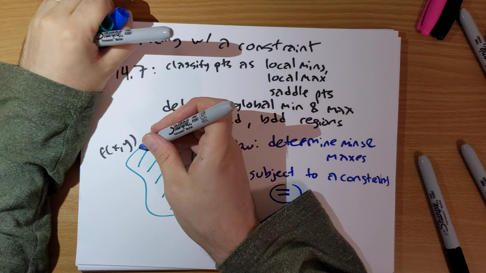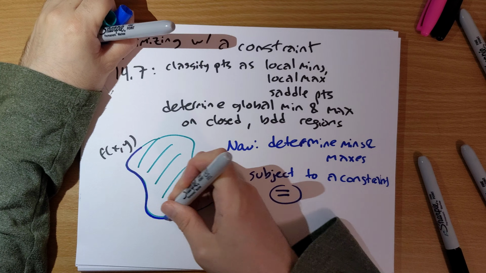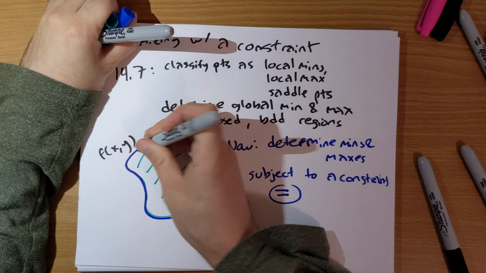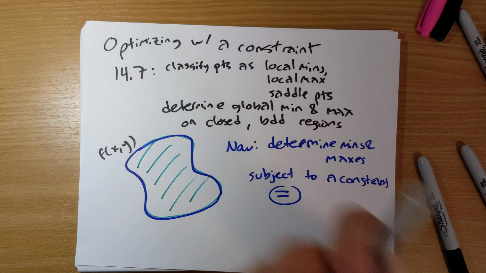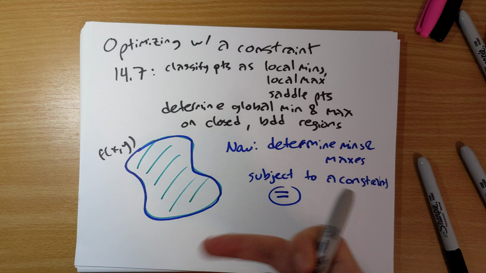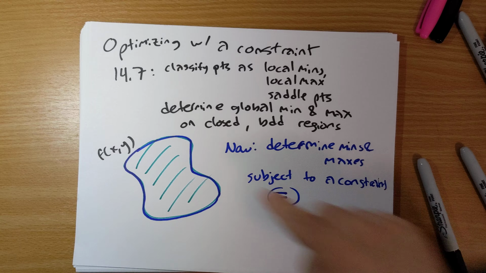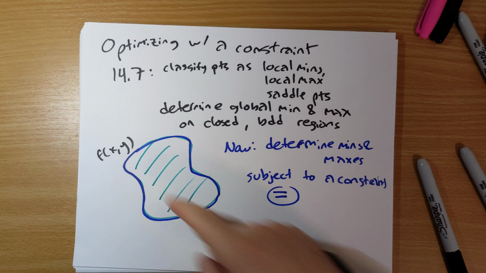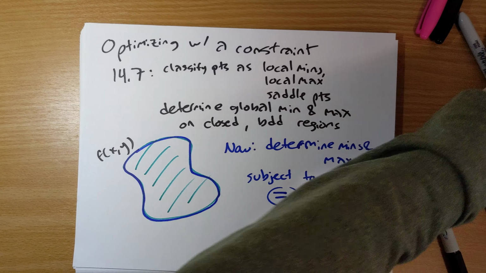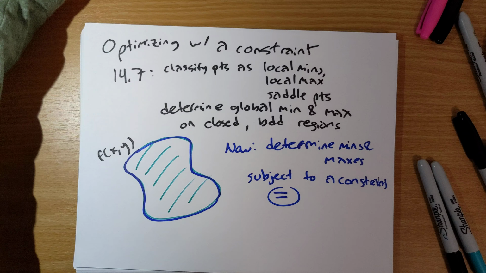Essentially, for some kind of curve like this, like for example the boundary here, what's the biggest or smallest that our function can be on this curve right here.